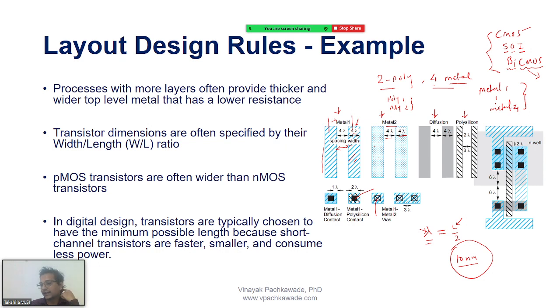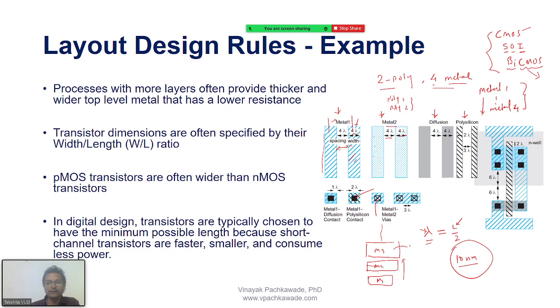As a layout engineer, I need to understand that if the technology has more layers, then the higher the layer I go, the greater the thickness. I start with metal 1, M1, then metal 2, then metal 3, and so on. This is the cross section we are looking at.